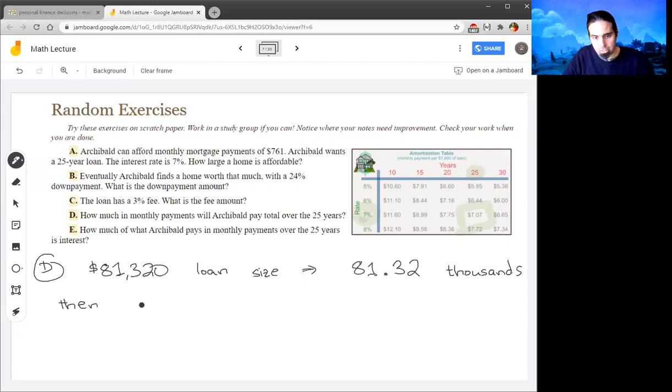So for each of those thousands, he has to pay $7.07. That's what the table says. So his monthly payment is going to be $574.93.